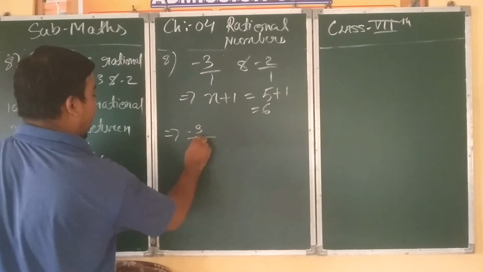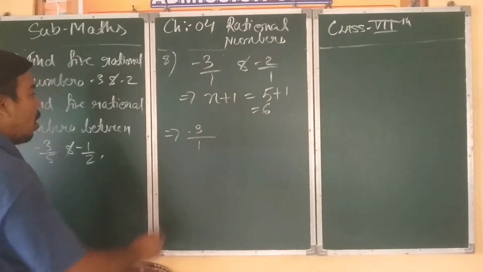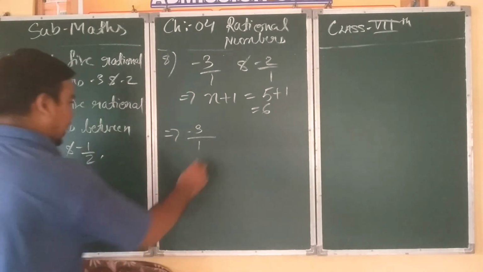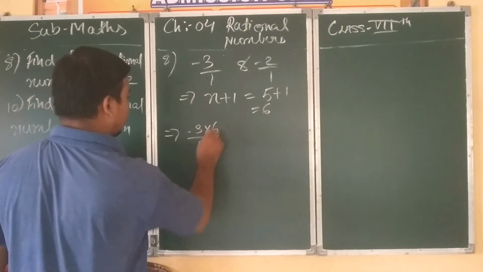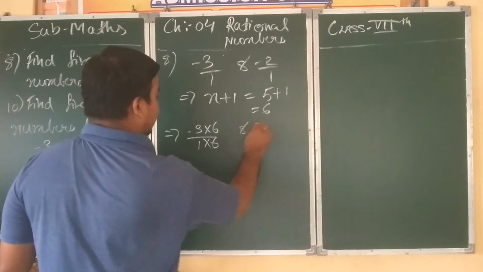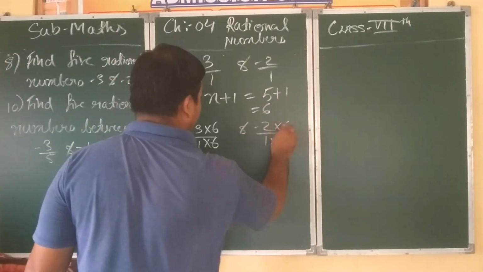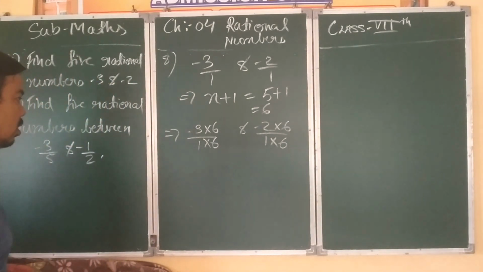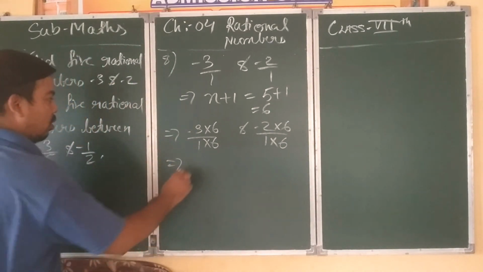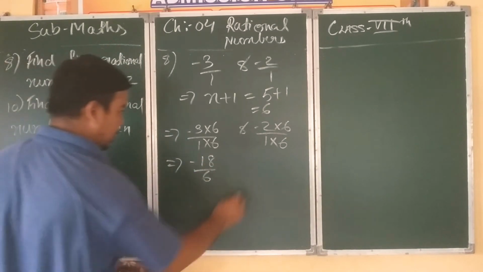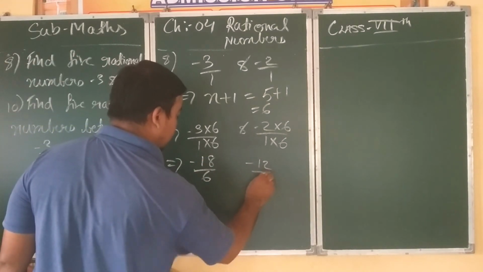Then minus 3 by 1: now multiply both numerator and denominator by 6, and minus 2 by 1 into 6. So minus 3 is minus 18 by 6, and minus 2 is minus 12 by 6.